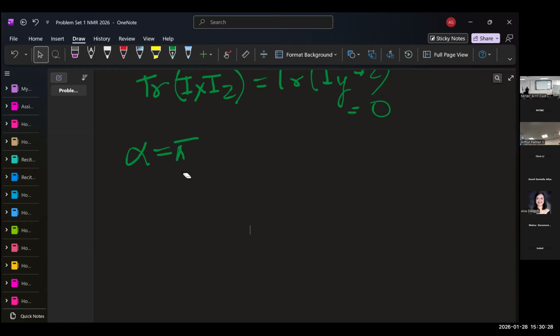The time would be when alpha, we decided, is pi, and that's omega effective times time.